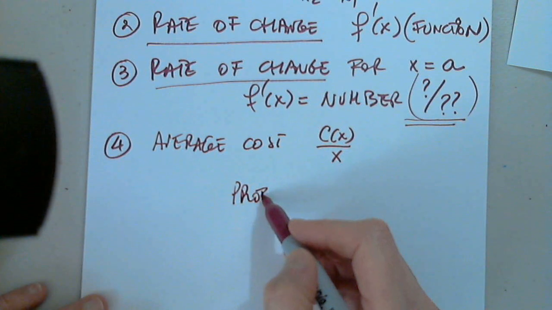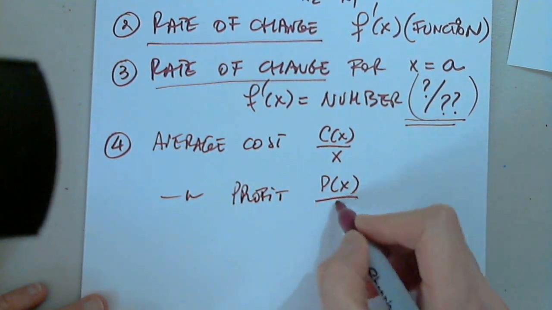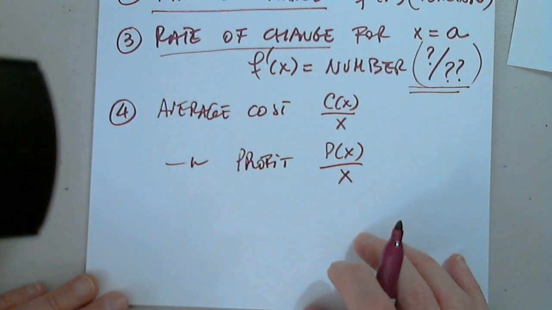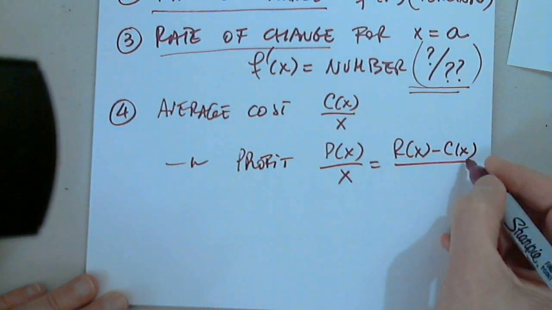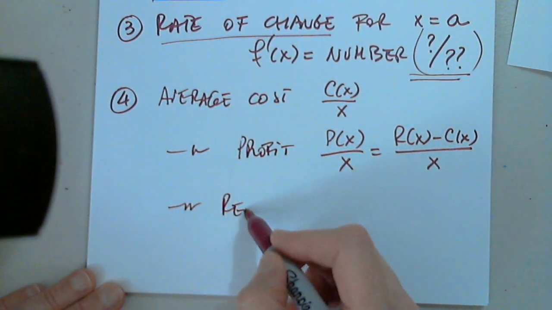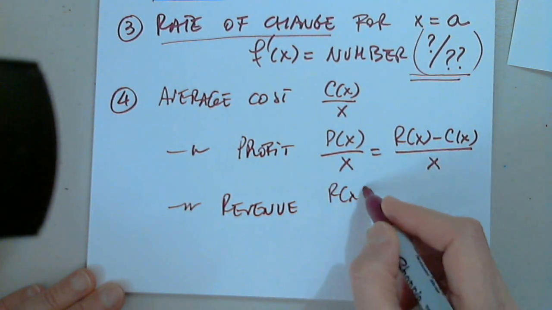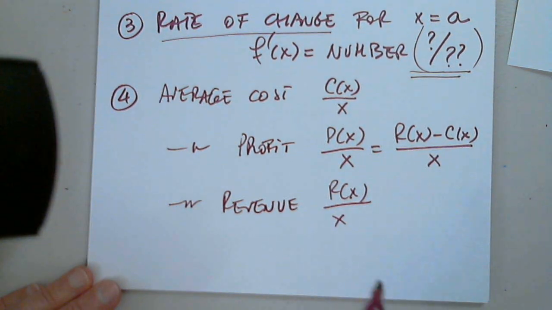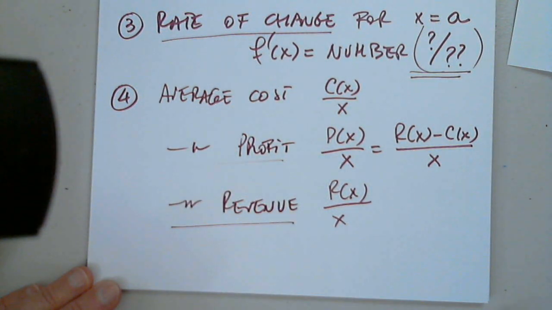Average profit is P of x over x, which we also know is revenue of x minus C of x divided by x. And the same thing with revenue, which is R of x over x. These are average cost, average profit, average revenue.